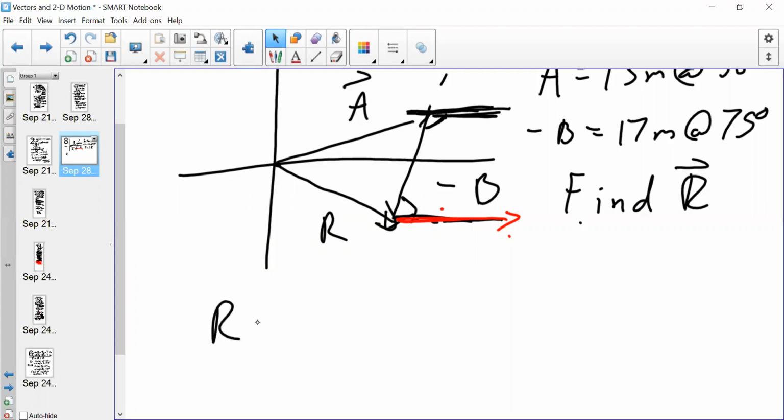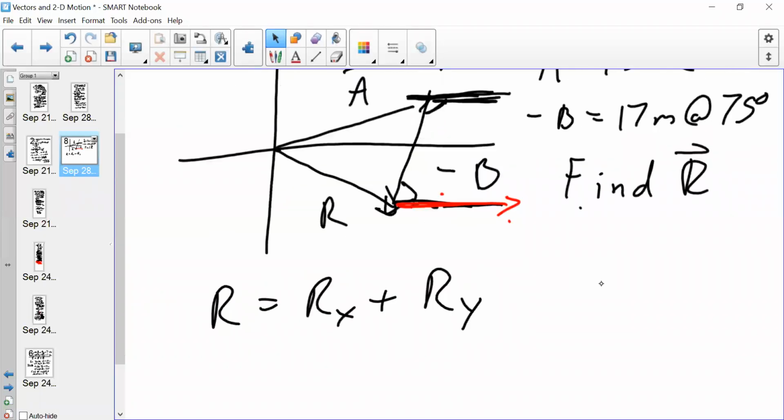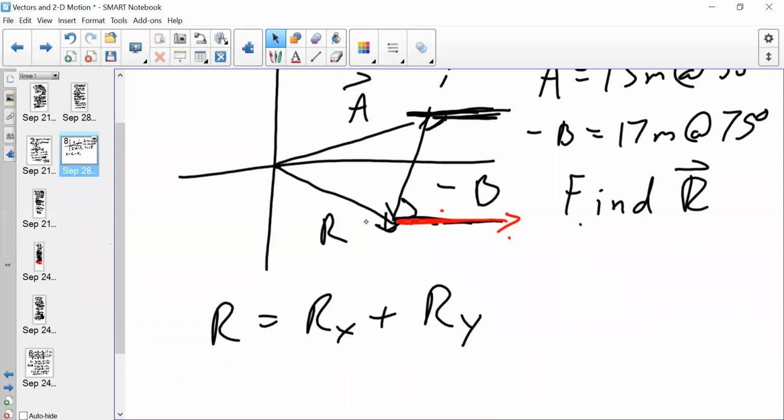So R we know is Rx plus Ry. Ultimately, this vector R is going to have, if I can just draw this in, X and Y components, AX and AY, like so. And then B will have its X and Y components.